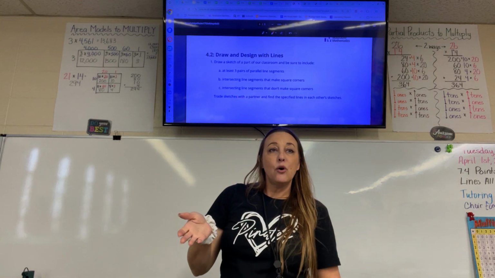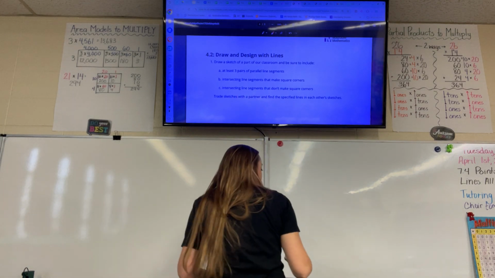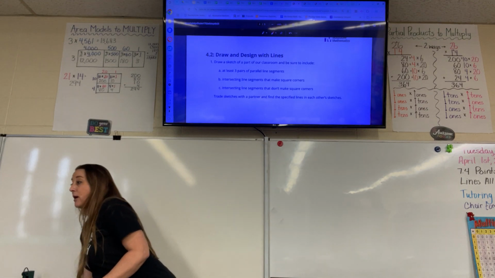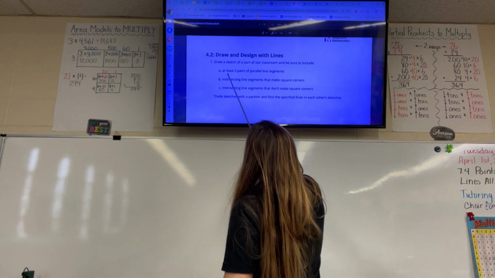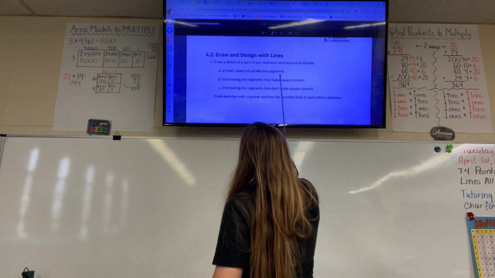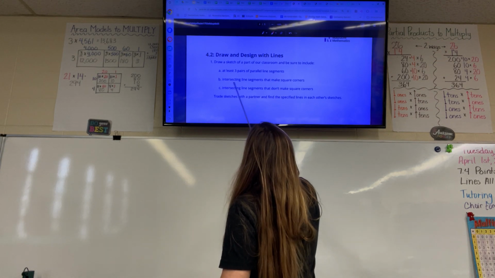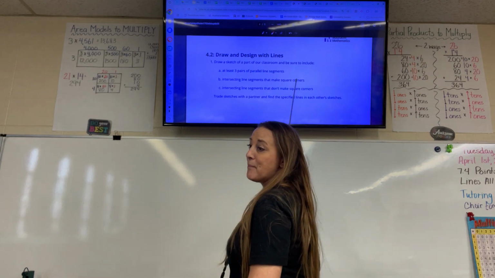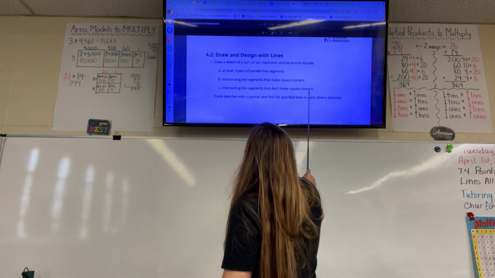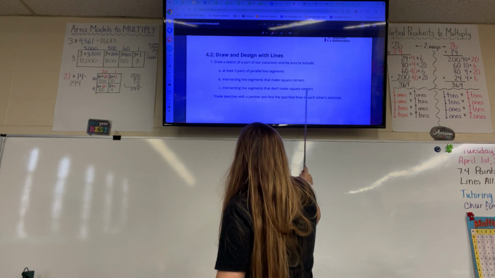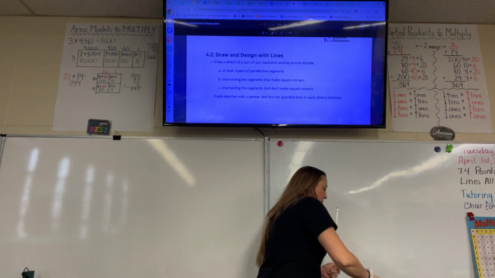It doesn't have to be the whole classroom, but just a part of it. Make sure that you include at least 3 pairs of parallel line segments, intersecting line segments that make square corners, intersecting line segments that don't make square corners, and I will show you really quick.